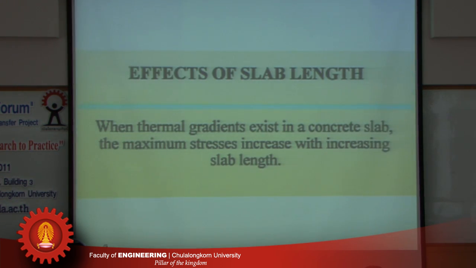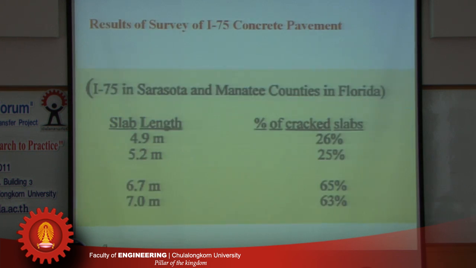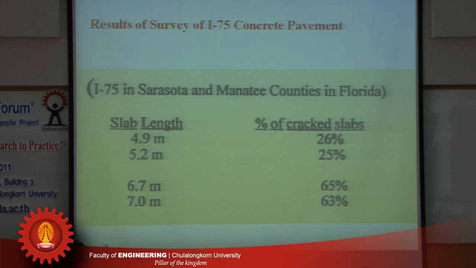So here's another conclusion. When thermal gradients exist in the concrete slab, the maximum stresses increase with increasing slab length. Now slab length becomes a parameter that we need to consider in the design. And that is supported by our observation.